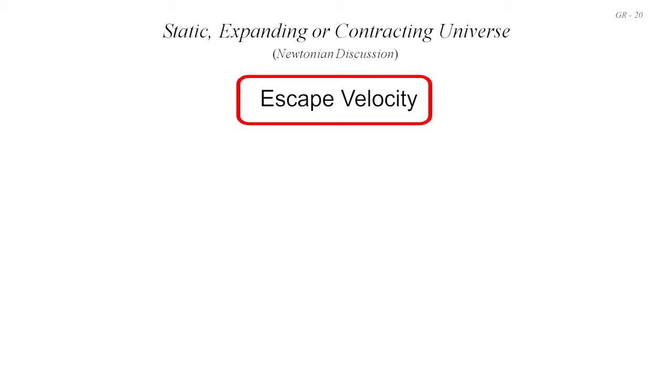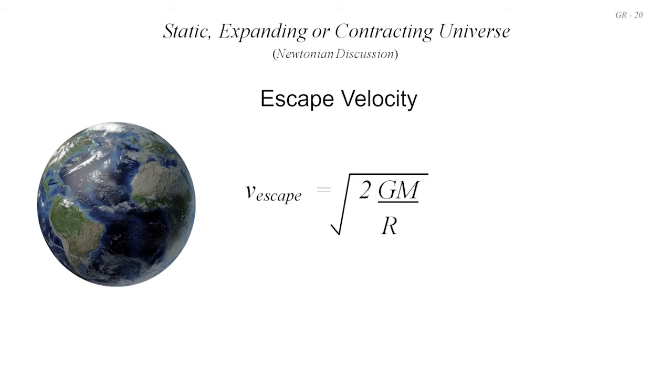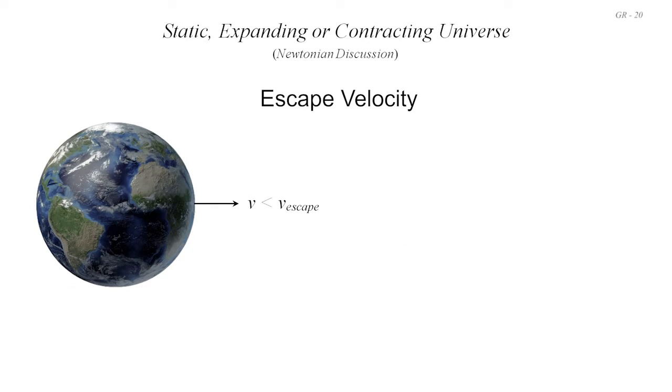As we discussed in video number 1, the escape velocity of an object on the Earth, assuming no air resistance, is given by the square root of 2GM over R, where capital M is the mass and capital R the radius of the Earth. If an object is thrown upwards from the surface of the Earth at a velocity less than the escape velocity, it will slow down, instantaneously stop, and then return to Earth.